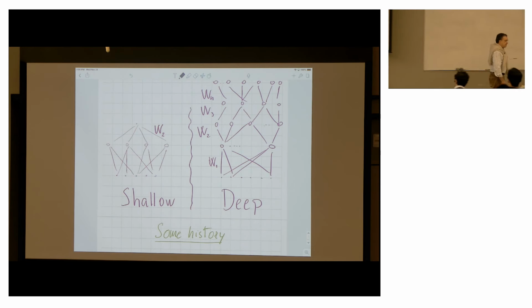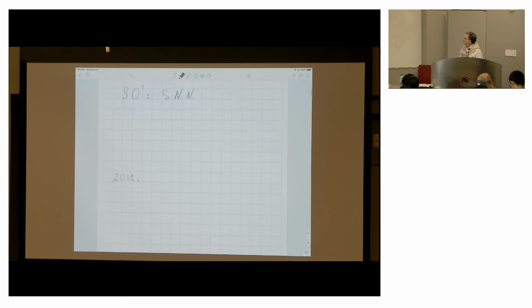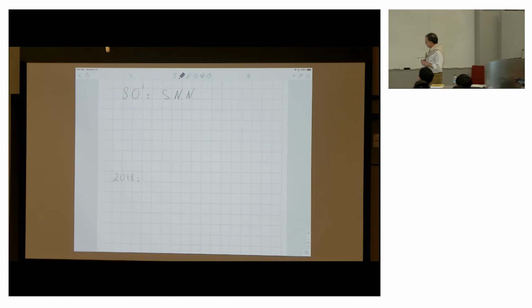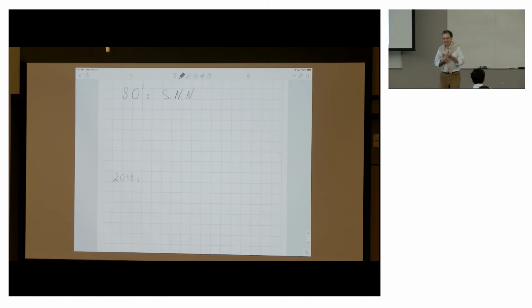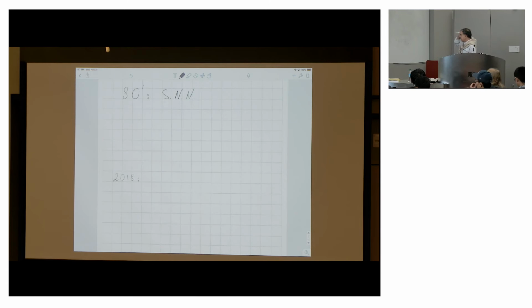Now, there is some history behind it, which is kind of interesting. In the 80s, I remember it well, I'm old, there was a time in which neural networks, meaning shallow neural networks, were very fashionable at NIPS and other conferences.